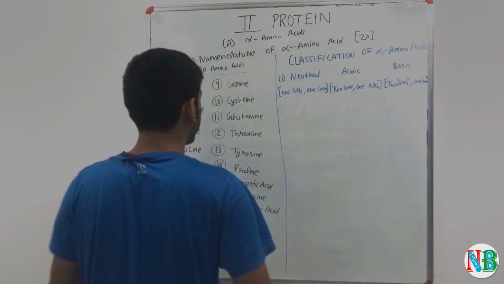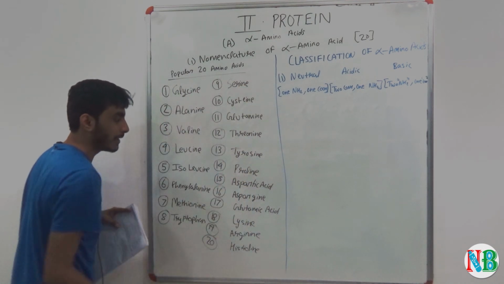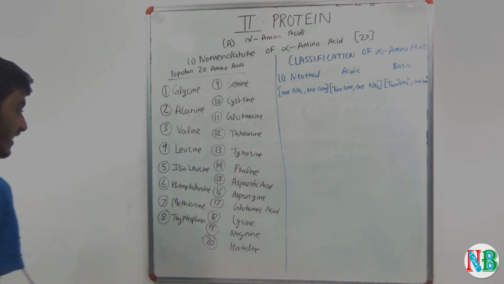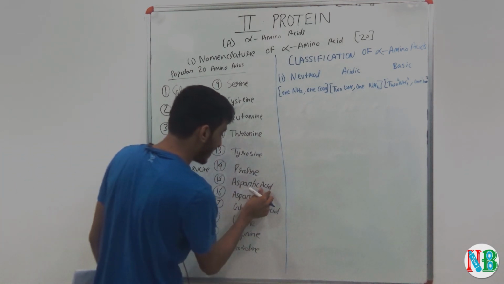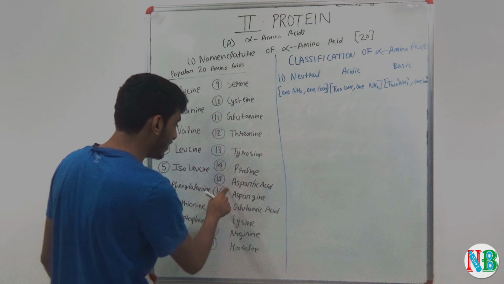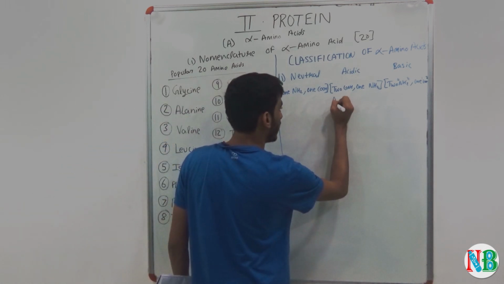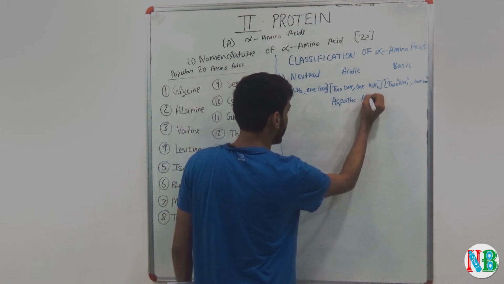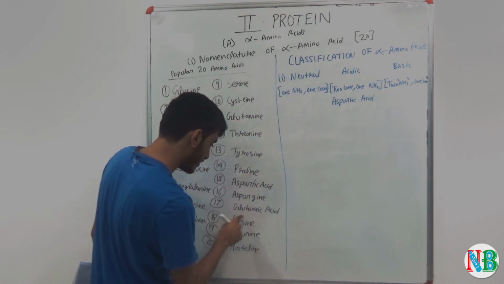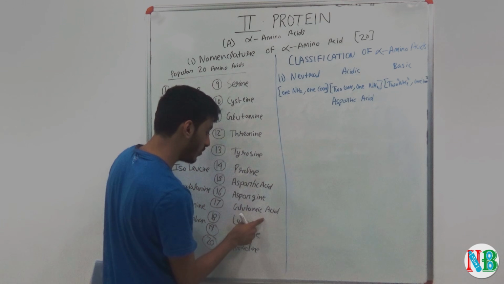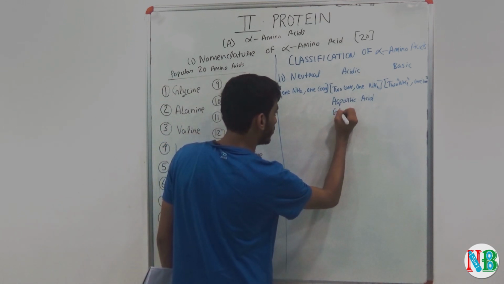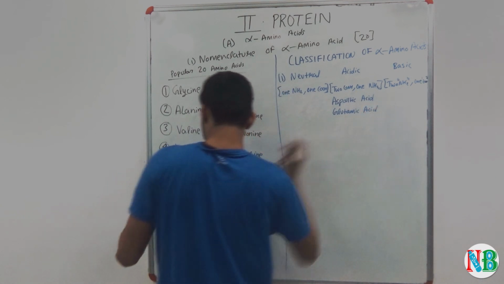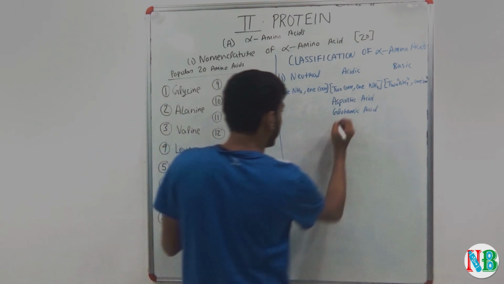Suppose I just have to see which of them are acidic. You just see the ones having acid at the end. So the 15th one, that is aspartic acid. The second one is the 17th one, glutamic acid.